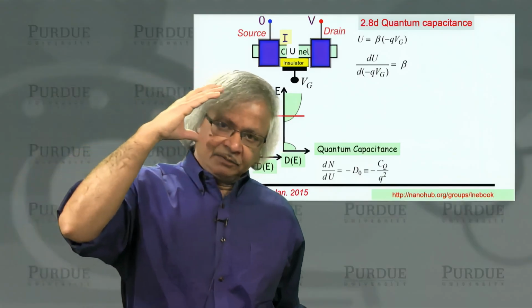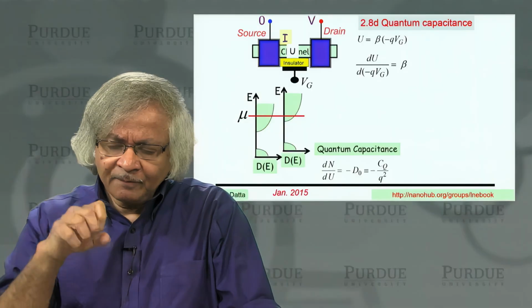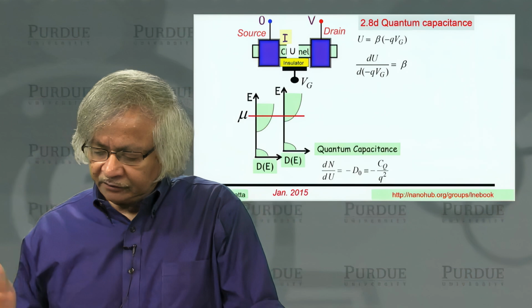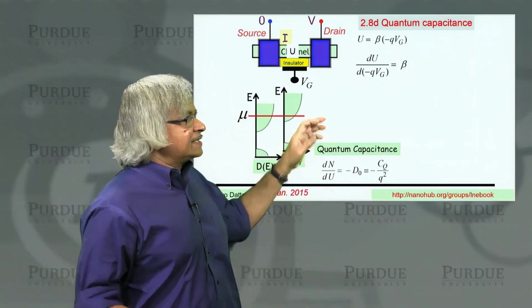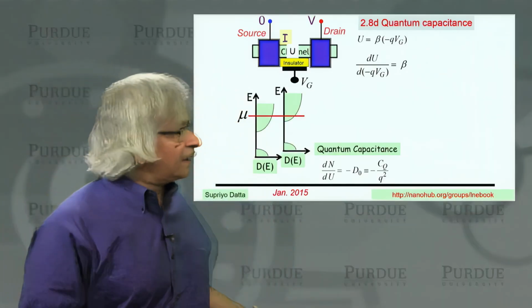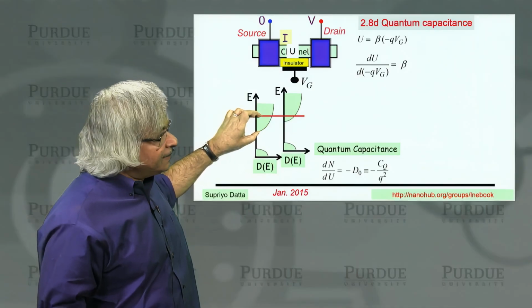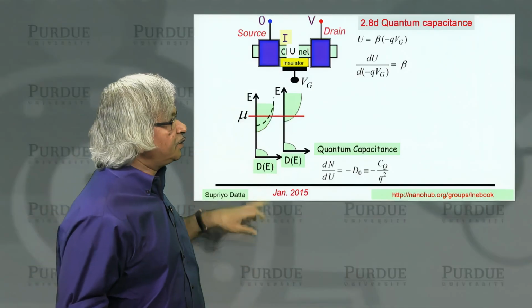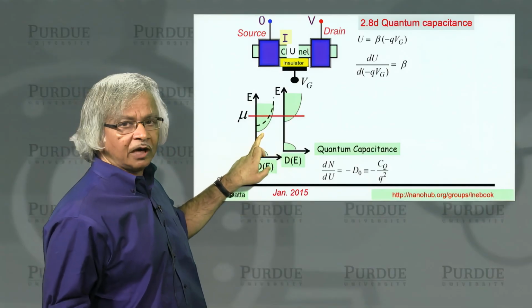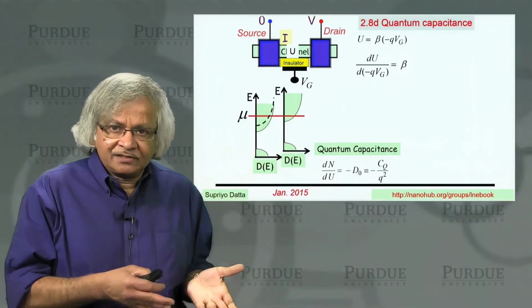So the picture people use is that you think of electrons as uncharged particles as they move through, but they feel a certain potential due to all the other electrons. As long as the solid was neutral, there was no potential to worry about. But now that you are getting in some extra electrons, this will give rise to a potential energy which will make the band float up. So you put in a gate voltage, you're hoping it would go down that much, but it won't go down as much. It will go down less because it will float up due to all those extra electrons.